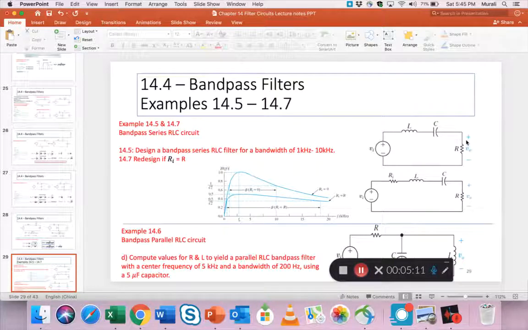But he finally ends up choosing one method, and let's just quickly look to see what he does. So he begins by choosing a 1 microfarad capacitor in the circuit. Now, we are also given the 1 kilohertz to 10 kilohertz. So, with these two things, this one assumption and one given value, we should be able to compute everything else. Okay, so let's see how he does that.